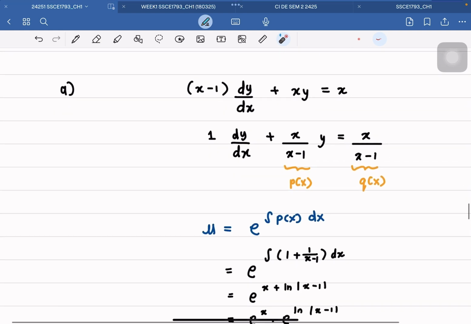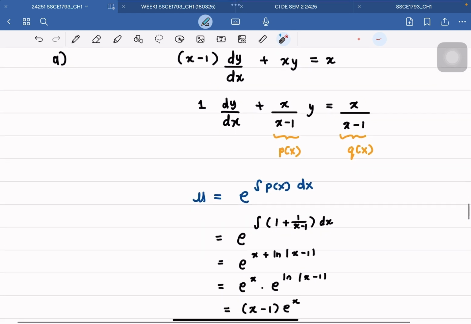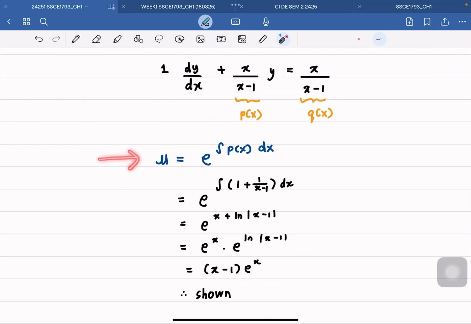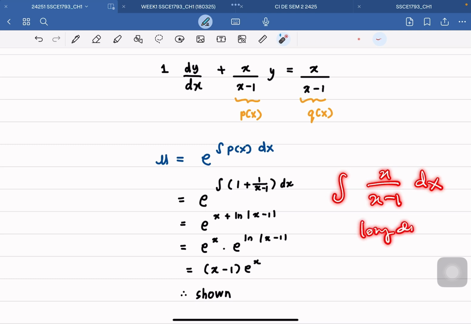Okay, after identifying p and q, you can find the integrating factor here. In finding the integrating factor mu, you have to integrate p(x), which is x over x minus 1. To integrate x over x minus 1, what we have to do is long division.